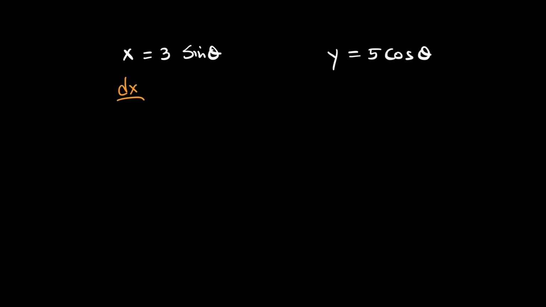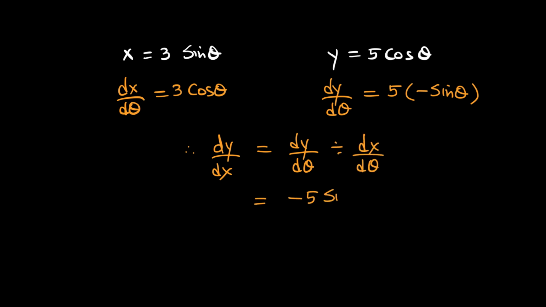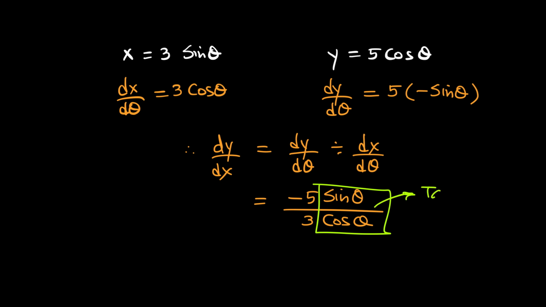Differentiating x gives us dx by d theta is 3 cosine theta. dy by d theta is giving us 5 into negative sine theta. In other words, dy by dx is dy by d theta divided by dx by d theta, which is negative 5 sine theta divided by 3 cosine theta. Change sine over cosine into tangent of theta, which is minus 5 over 3 tangent of theta.